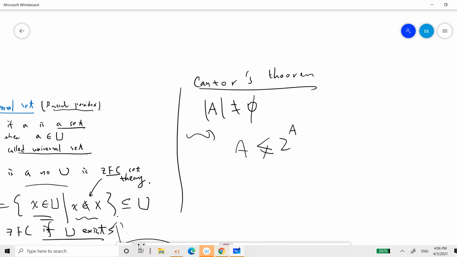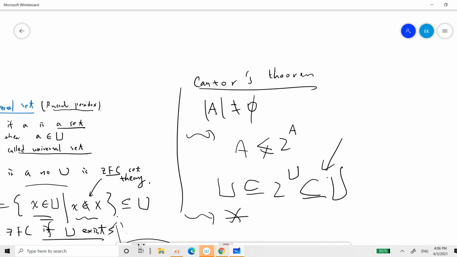If you have a universal set, then the power set of U must be a subset of U, because U is a universal set. But this contradicts Cantor's theorem, because the power set of U always has strictly larger cardinality than U. U cannot be empty, since there is a non-empty set.